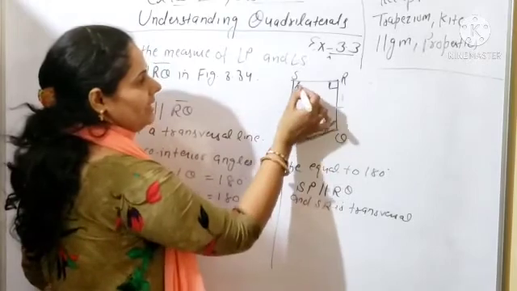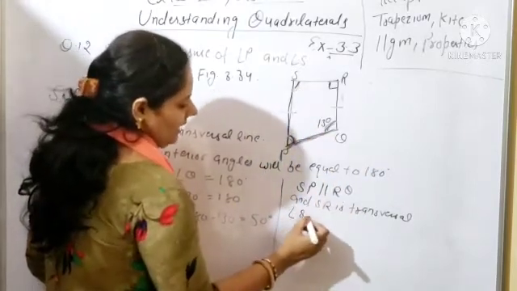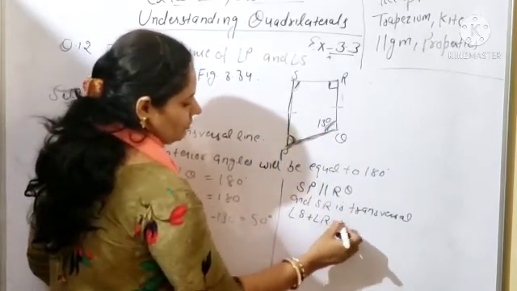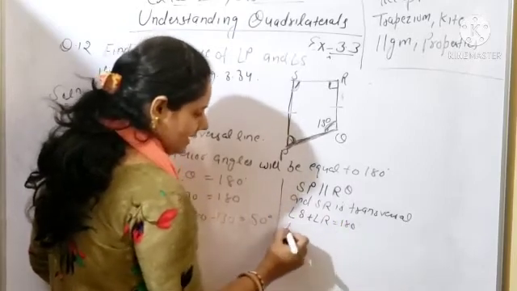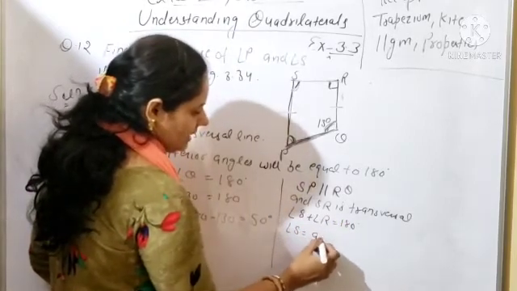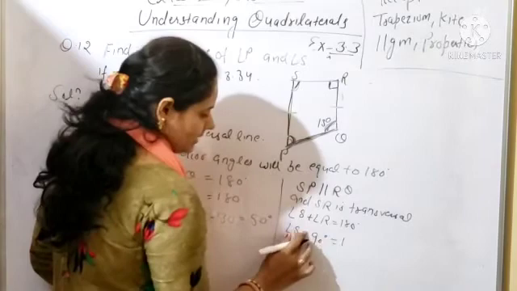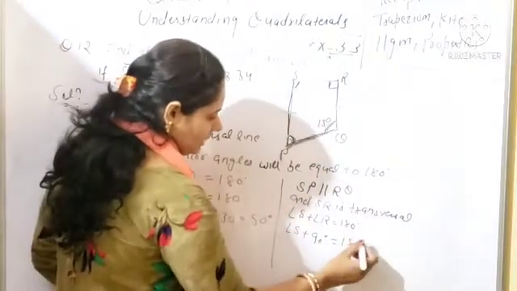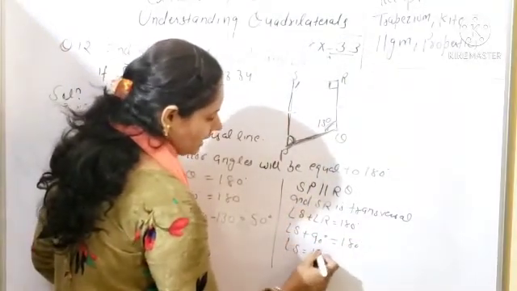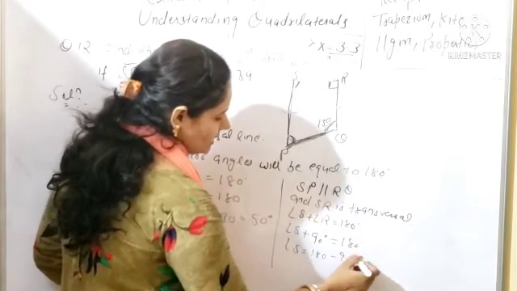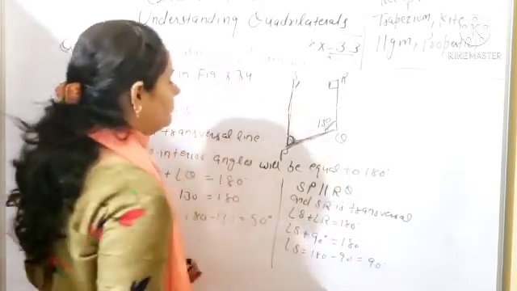So what are the co-interior angles here? S and R. Okay. So angle S plus R will be equal to 180. R is 90 degree. It is given in the question. 90 degree plus S is equal to 180. So what will be angle S, beta? 180 minus 90. So you can say it will be 90 degree. Okay.